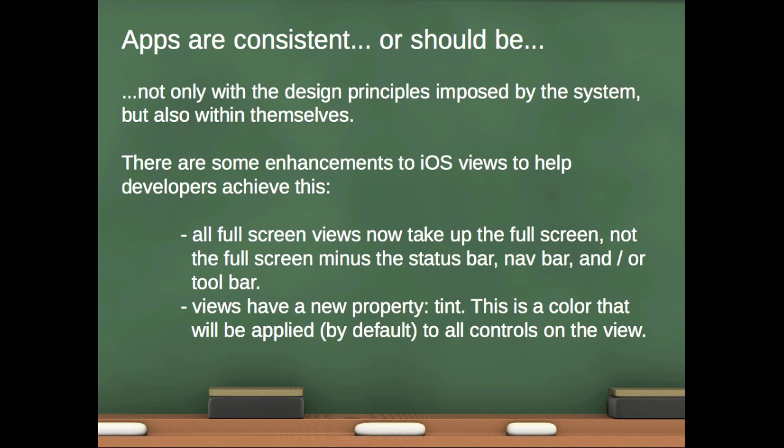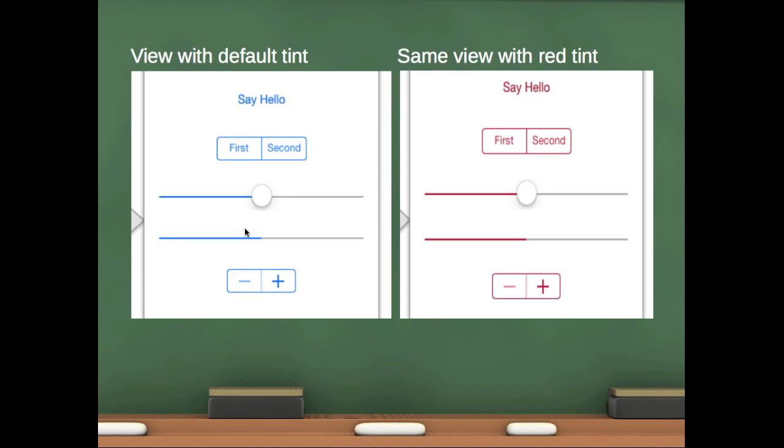For other controls, it is color applied to those controls in different ways. So we're going to look at that next. But the tint color helps us maintain consistency from view to view, and view controller's view to view controller's view within our application. So let's look at that.